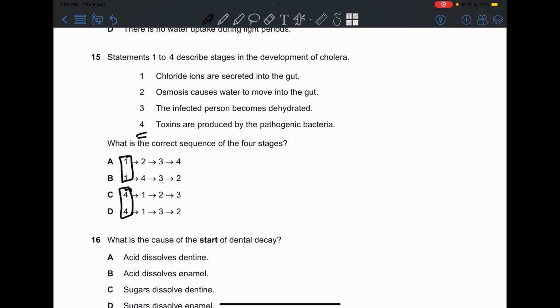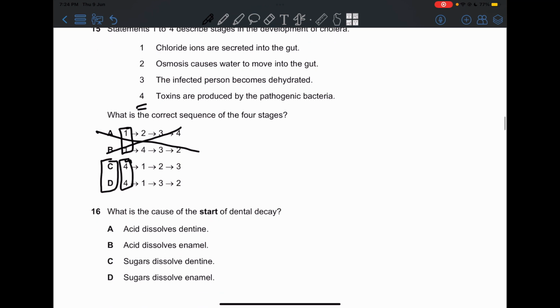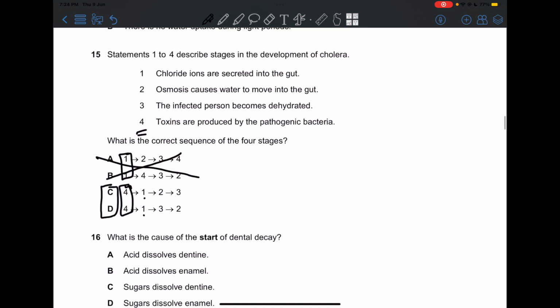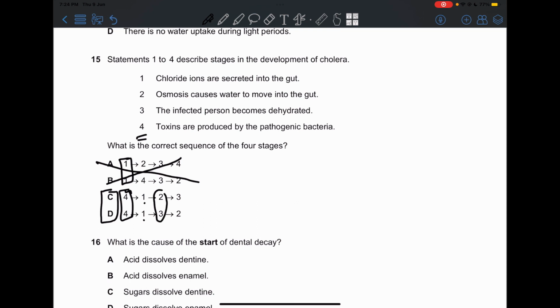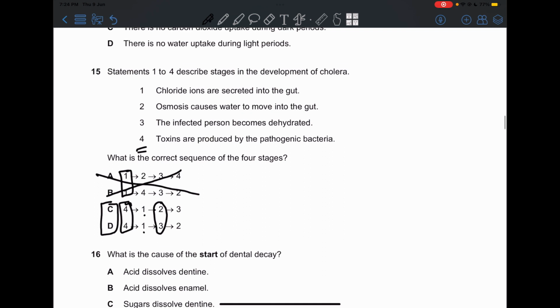So number 4 will be our beginning, so that means we're going to be choosing between C and D and not A and B. Now, C says 4 and then 1, which is the chloride ion secretion. And also D says that. Now the difference is here. The difference in C says 4, 1 and then 2, which is osmosis causes water to move into the gut.